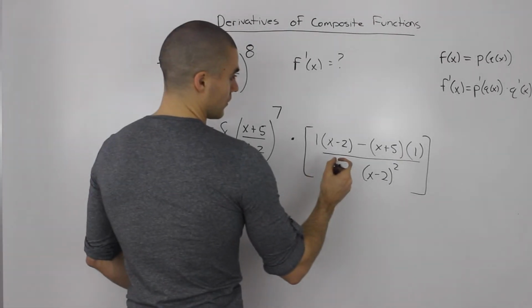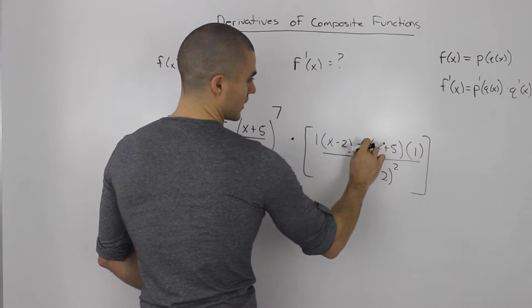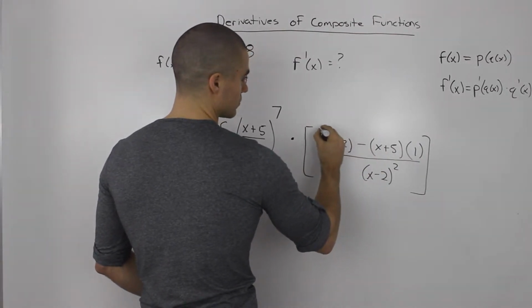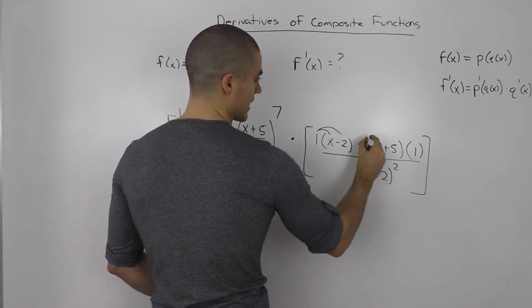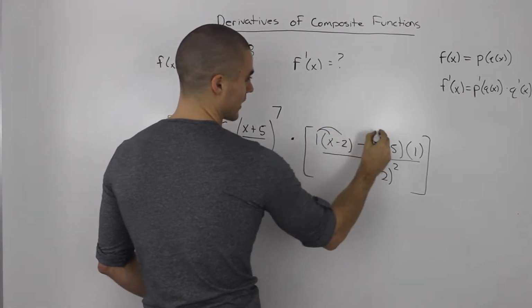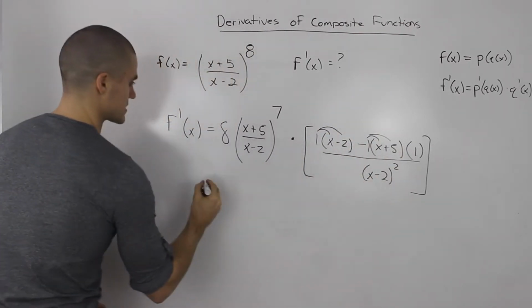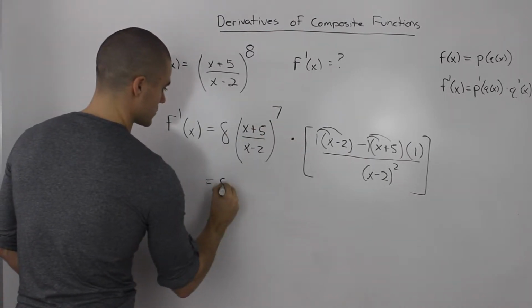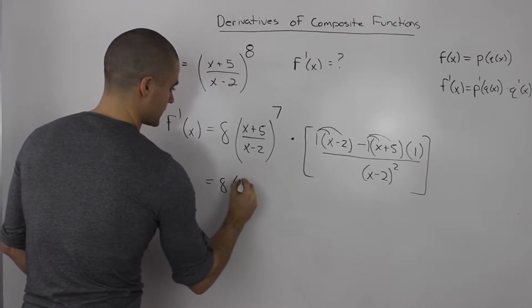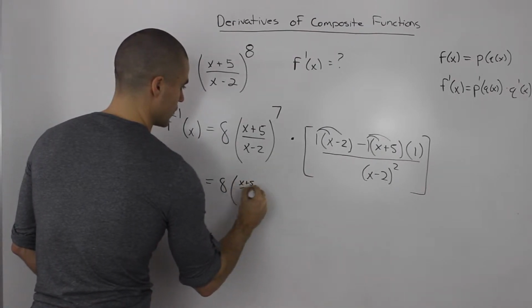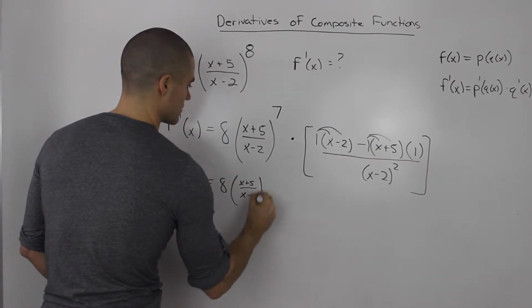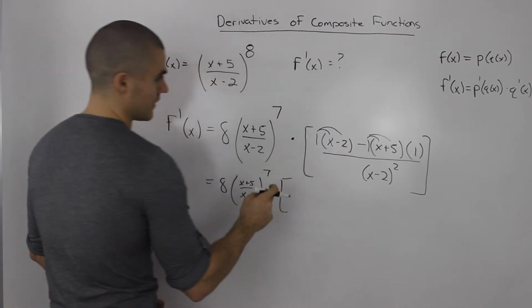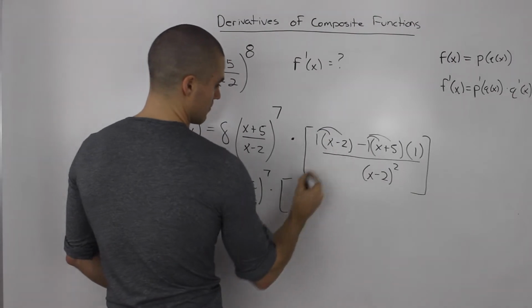So now, let's pretend like this 1 is in front here, so it's like a negative 1, and then let's distribute this negative 1 and this positive 1 in the brackets so we could simplify that numerator. Let's rewrite this part here. So we've got 8 times (x + 5) over (x - 2) to the power of 7, and then we'll be left with x - 2, right?